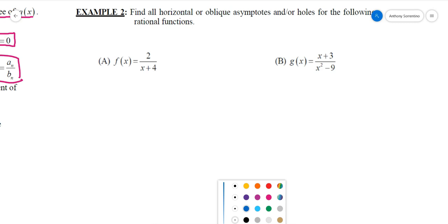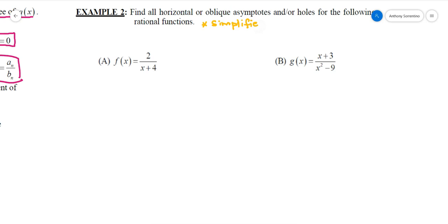So I'm going to put that up here: simplified versions can still help. And we'll look into that and explain why momentarily.